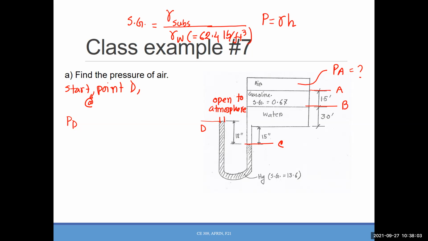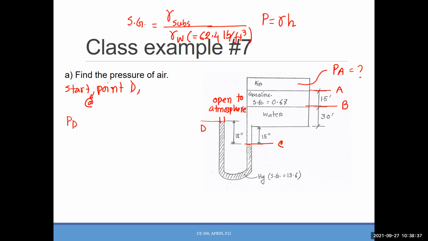So before using any values, I want you to develop the expression first, okay? We have in total 11 minutes, we should be able to develop the expression and find the answer. So at first, try to develop the expression. If you start from PD, where is the next interface? C. Is it downward or upward? Good. Now from C, where is the next interface?